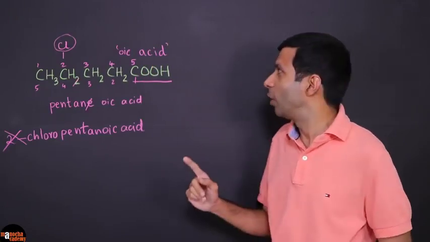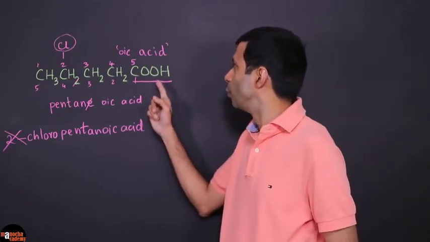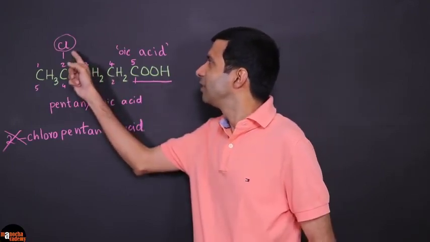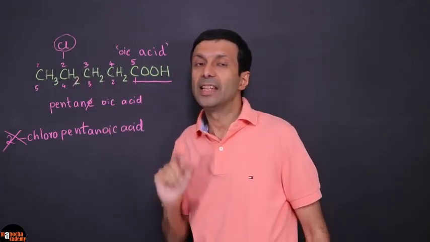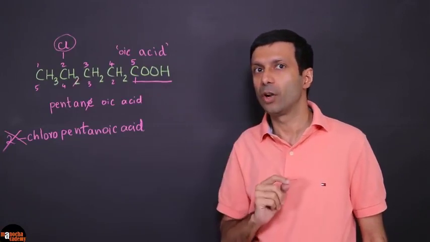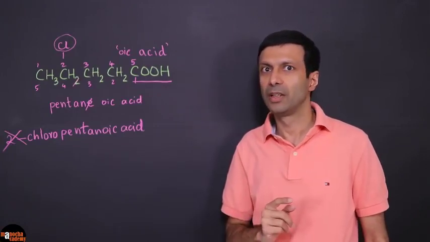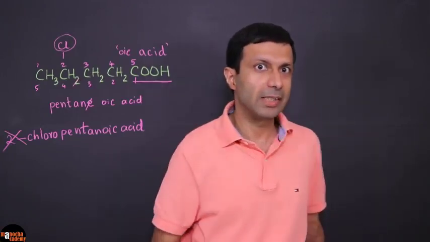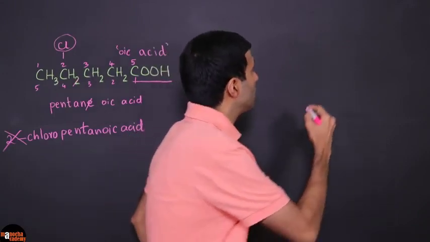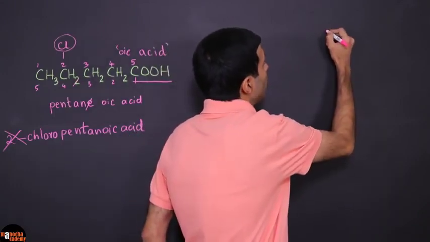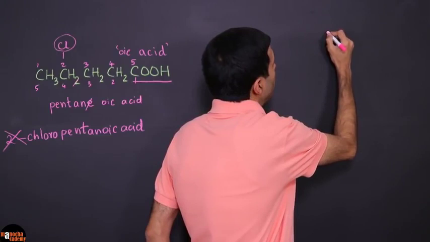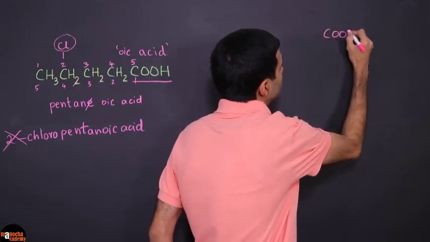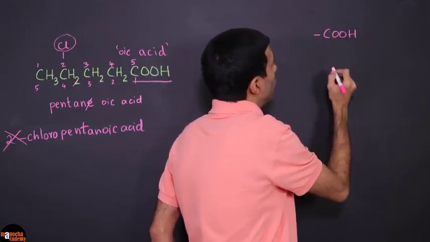Because in this compound, can you see that there are 2 functional groups, an acid and a halogen. And then there's an important priority order that we need to follow. So let me write down the priority list here. What is the priority list that you need to know? On the top priority, we have the acids. So that's COOH.